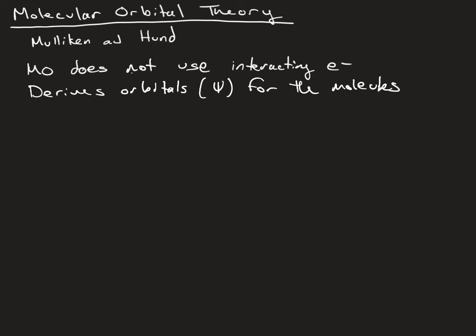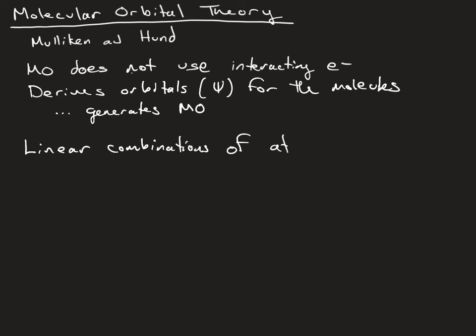So what one does is one generates molecular orbitals. In practice, the way in which we do this is we generate so-called linear combinations of atomic orbitals.